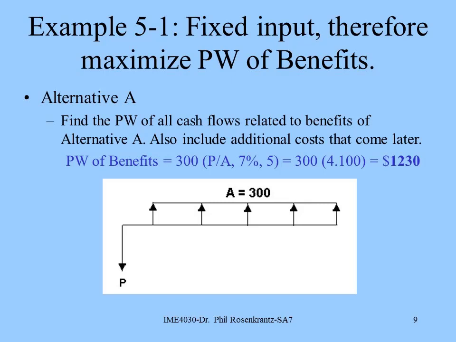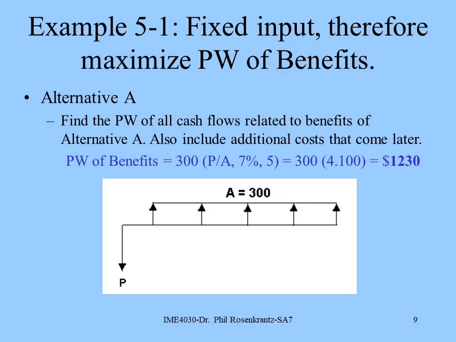We have a fixed input because they both have $1,000 input. If they had different inputs, then we couldn't say that. But here they have fixed input. Therefore, our criteria is to maximize the present worth of the benefits. So we just need to calculate the present worth of those benefits. And for the uniform series, it's pretty simple. 300 times the P over A factor, and we have a $1,230 benefit.